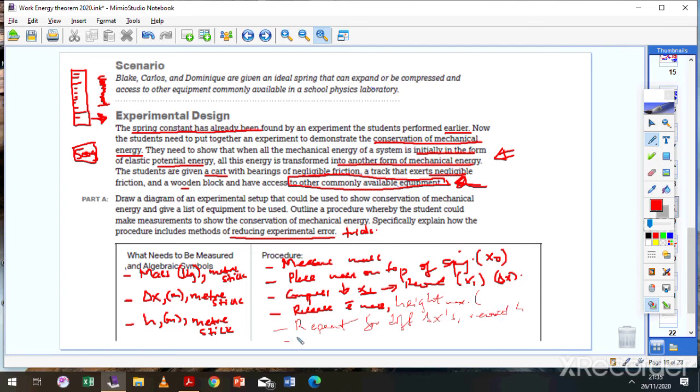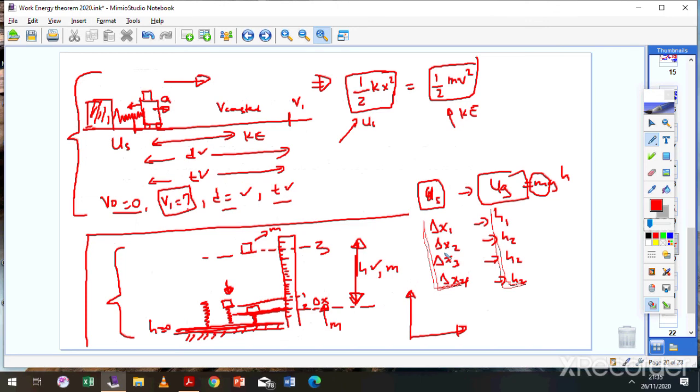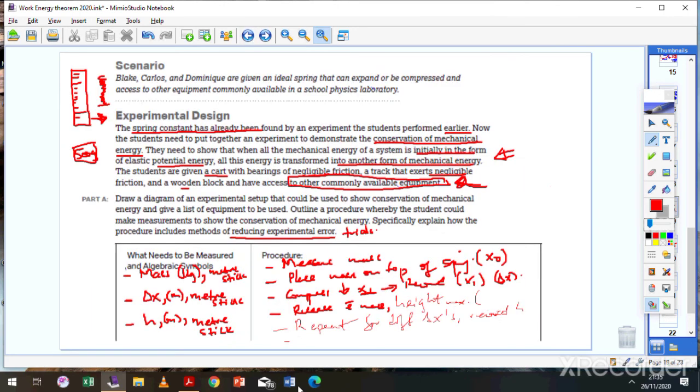You can repeat each measurement. If say you're going to have 4 or 5 compressions, you can repeat each measurement 3 times at least and take the average. This is important because they want you to show that you are reducing error.